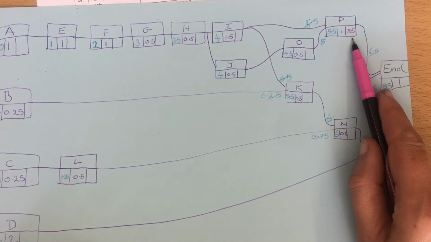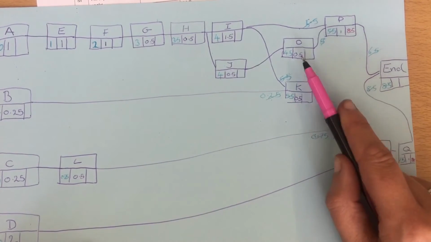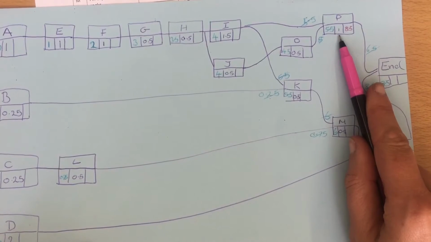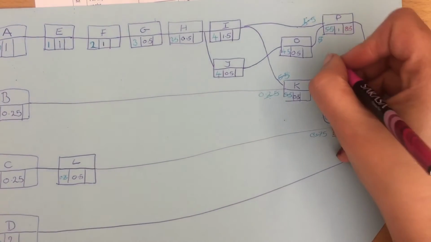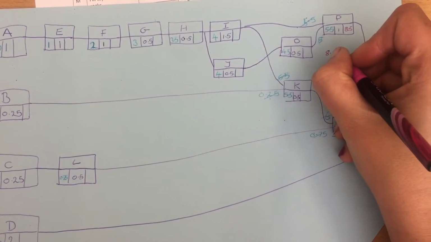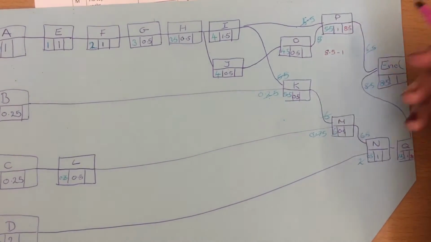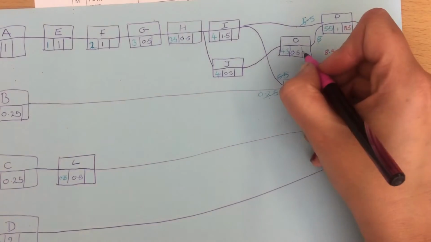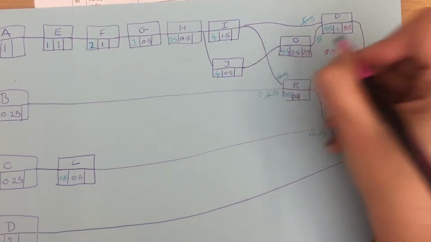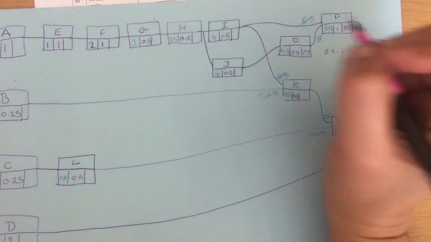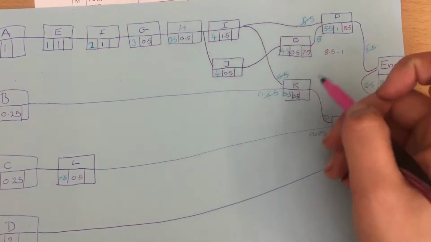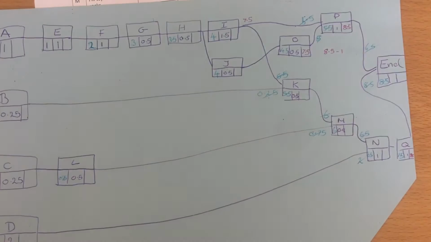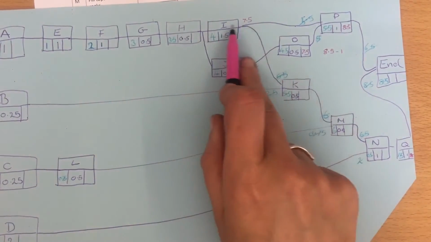So the deadline that P gives to O is going to be their deadline and the amount of time they need to work on it. So what it is effectively is 8.5 take away 1. So 8.5 take away 1 is going to be 7.5 is the deadline they give these guys, and the deadline that they are also going to put into I. But I is going to be given its deadline by somebody else as well.